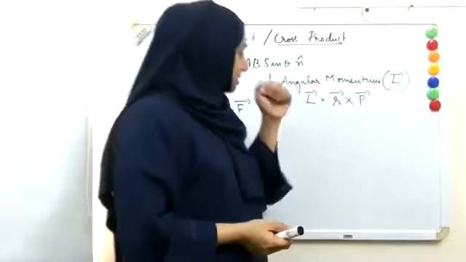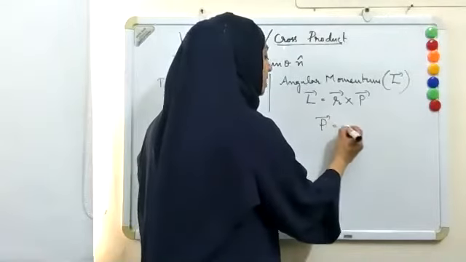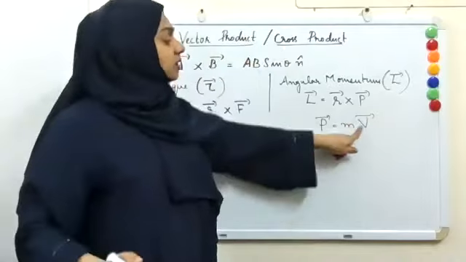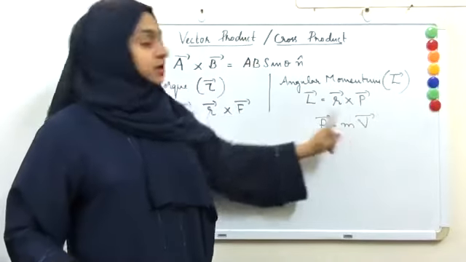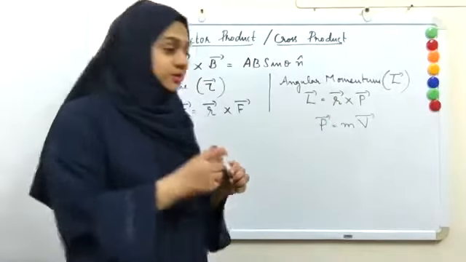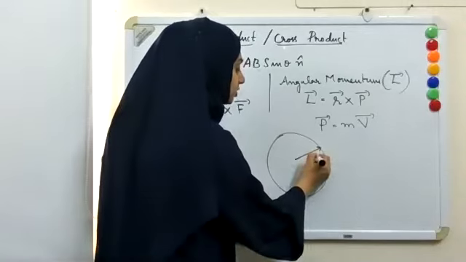So here again, when we find momentum P as equal to mass into velocity, you are multiplying a scalar quantity with a vector quantity. Now, when you are finding the angular momentum, the radius is a vector which is directed whenever a body is moving in a circle. This is the radius vector.